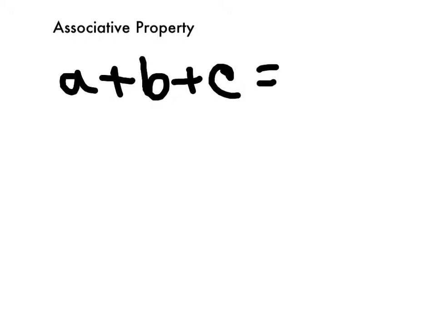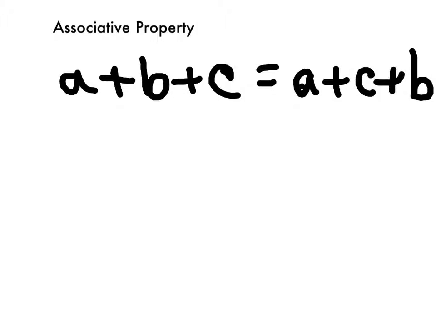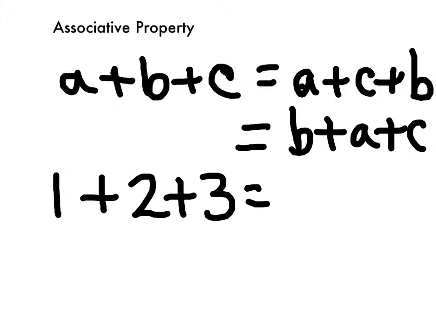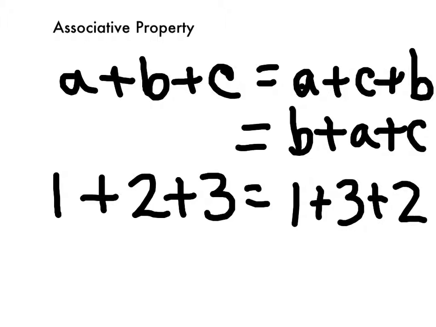We could have A plus C plus B, or B plus A plus C, or C plus A plus B. You could do a whole bunch of different ways of organizing those three variables, and you would still get the same answer. So in other words, 1 plus 2 plus 3 is the same as 1 plus 3 plus 2. Do you agree? We'd have 1 plus 2 is 3, 3 plus 3 is 6, or 1 plus 3 is 4, and 4 plus 2 is 6.